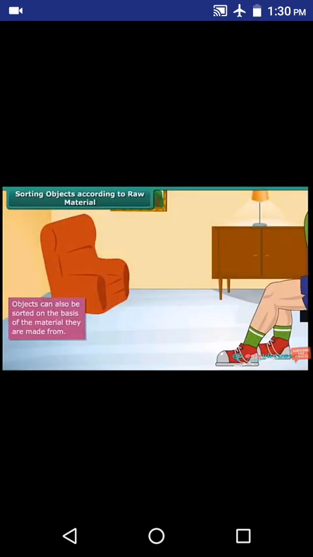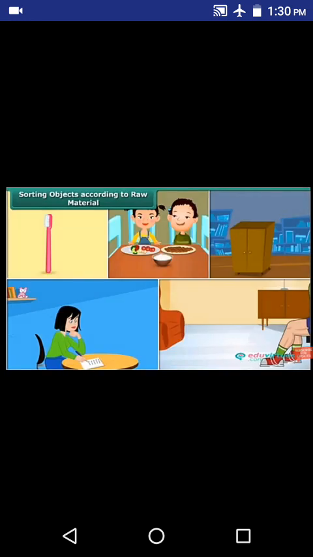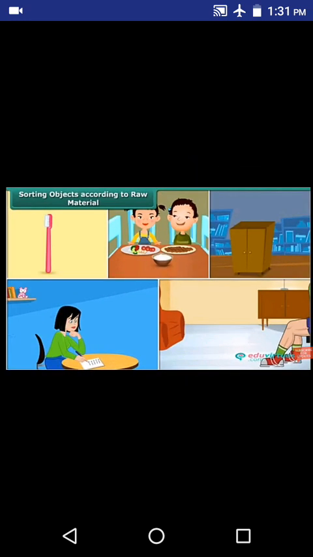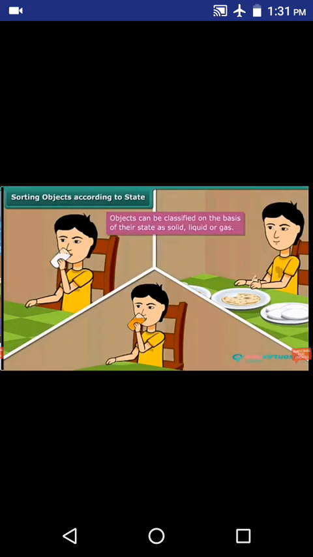The shoes which we wear daily are made up of resin, canvas, leather, etc. So, in the picture together, you can see all these things are made up of different raw materials. So, separation of the objects can also be done on the basis of the raw material which is used to make them.